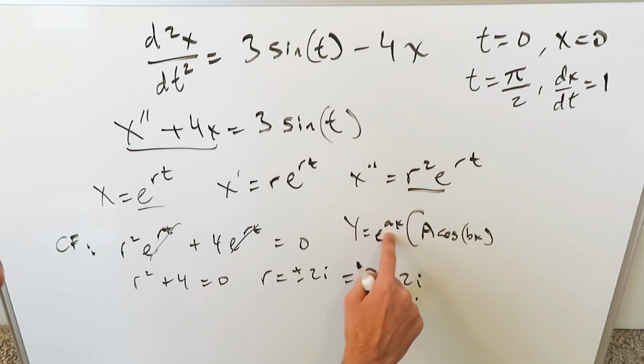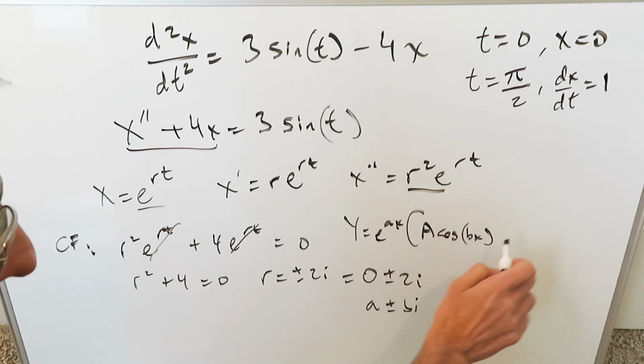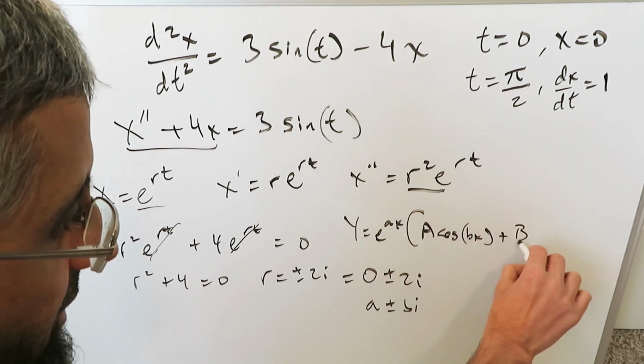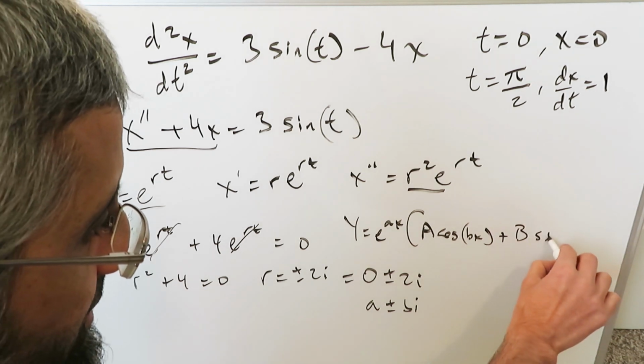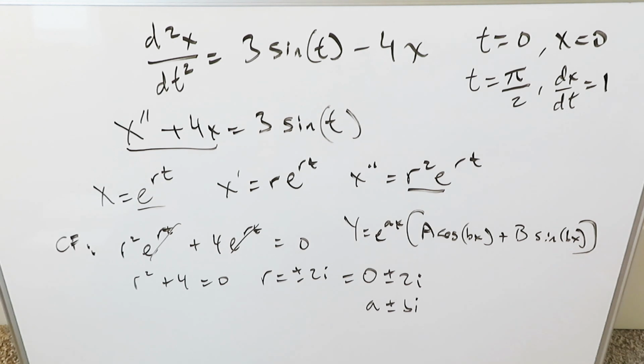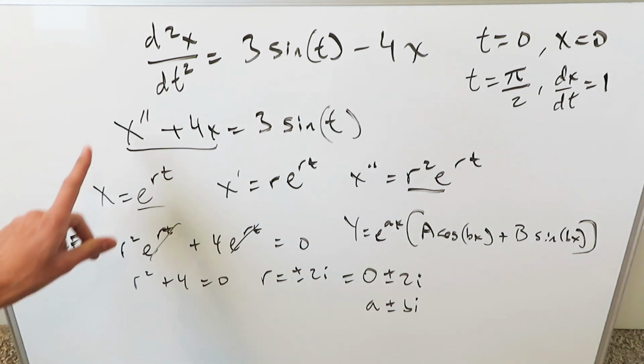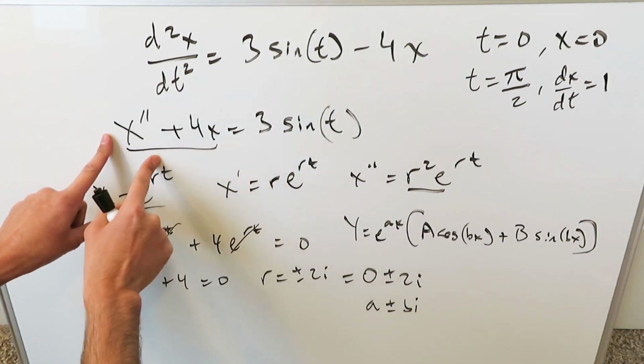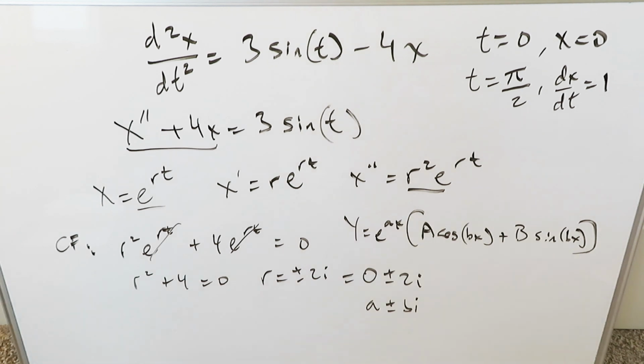You see these lowercase a and b's, those are this. The capitalized items are your constants, then B sine of lowercase bx. This is your representation for your complementary function when your homogeneous equation part gives you complex conjugates.